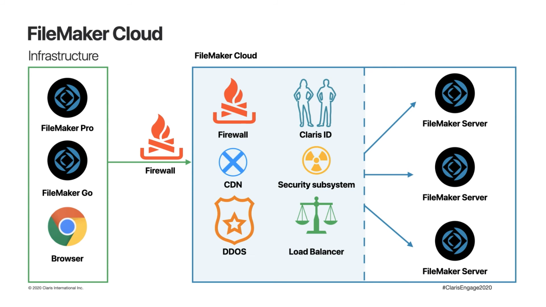They have a complete security subsystem. They have load balancers in there. So you don't connect directly to your FileMaker server. You pass, in fact, the FileMaker Cloud infrastructure layer and then connect to the FileMaker server, so that FileMaker is sure that the connection you're making is coming from you and not from an intruder.